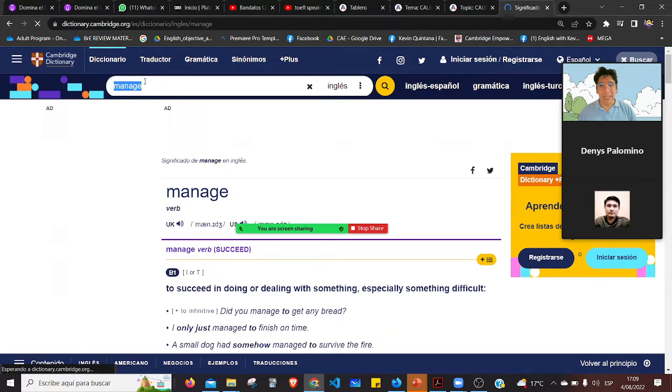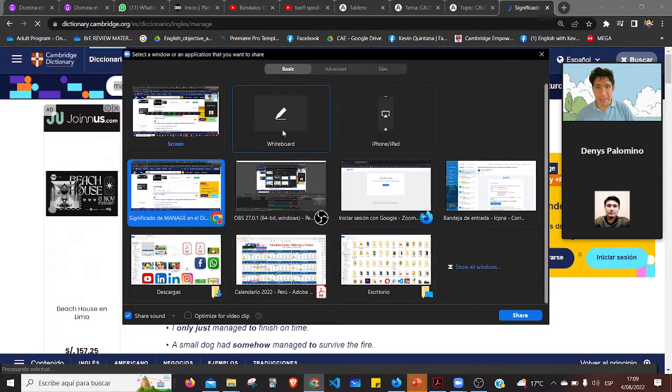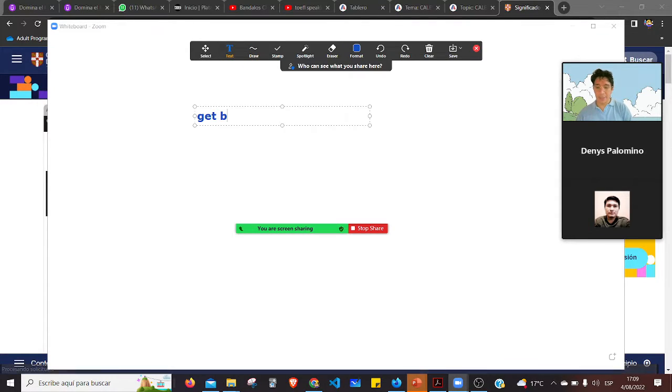The word that I would use is not on Cambridge, but let me show you. You can use get by with something, or you use get away with. Get away means to escape. For example, get away from, get away with.